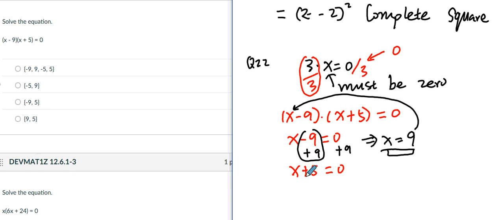And here, you subtract 5 on both sides. You cancel positive, negative. You get x on the left alone because positive, negative canceled. Right-hand side is 0 plus negative 5. You have a negative 5.